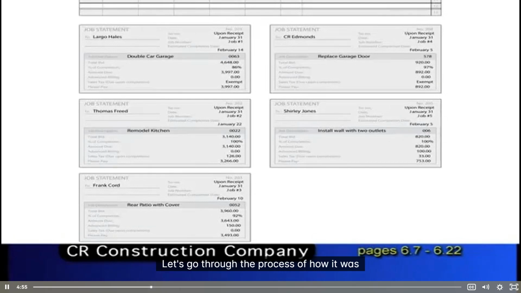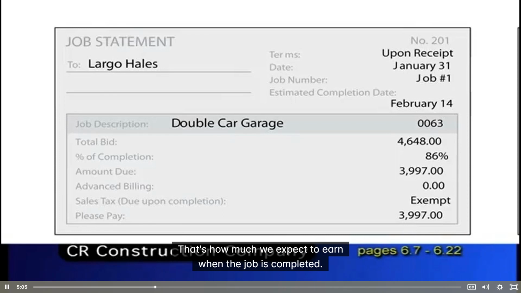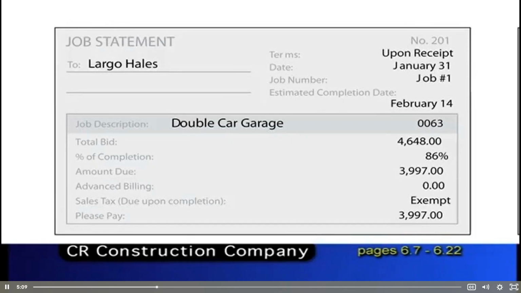One other thing I want to point out about this particular job statement. Let's go through the process of how we arrived at $3,997. We started with a total bid. The bid for the job was $4,648. That's how much we expect to earn when the job is completed. Okay? But we are only billing them for 86% of that. Now later on we're going to talk about how that percentage of completion is calculated.